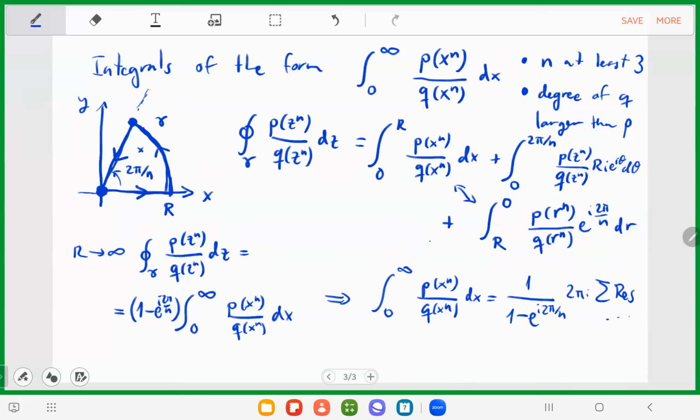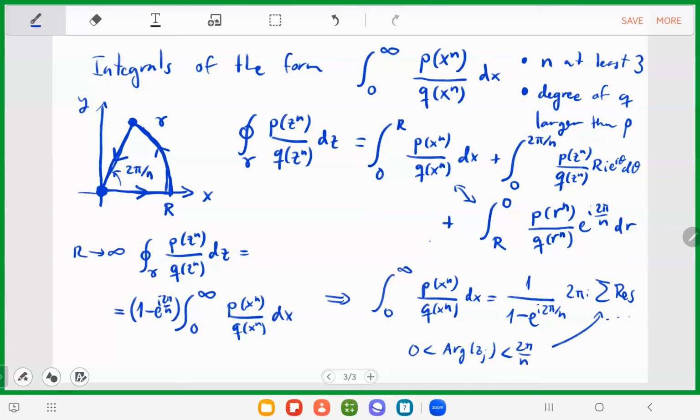So when R goes to infinity, this will grow, but it will become like an infinite sector, but only for arguments between 0 and 2 pi over n. So we want the singularities that have an argument between 0 and 2 pi over n.